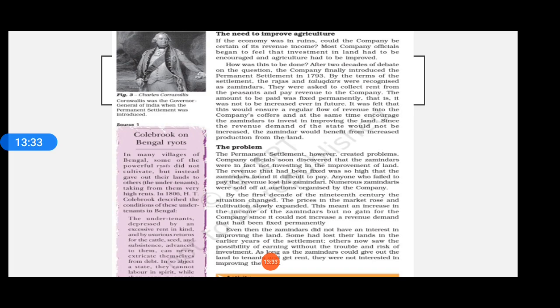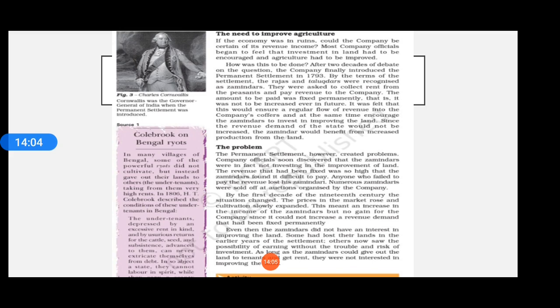The East India Company introduced three main types of land revenue settlements in India. The permanent settlement, which covered Bengal, Bihar, Odisha, and the Banaras division of UP. 19% of the British territories were collecting revenues from here. The Ryotwari system covered Bombay and Madras. 50% of the company's territories were collecting revenues from here.